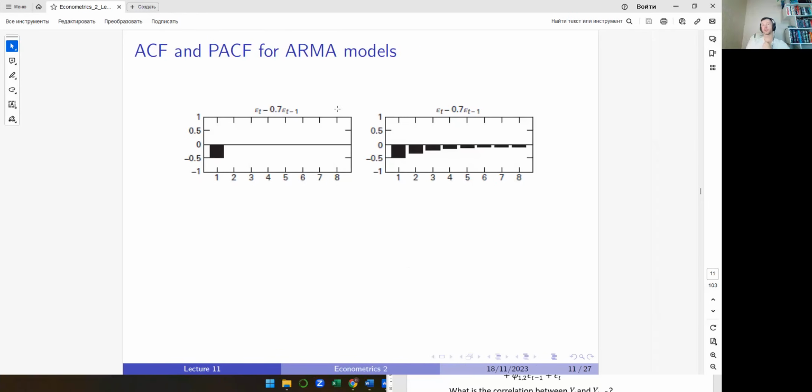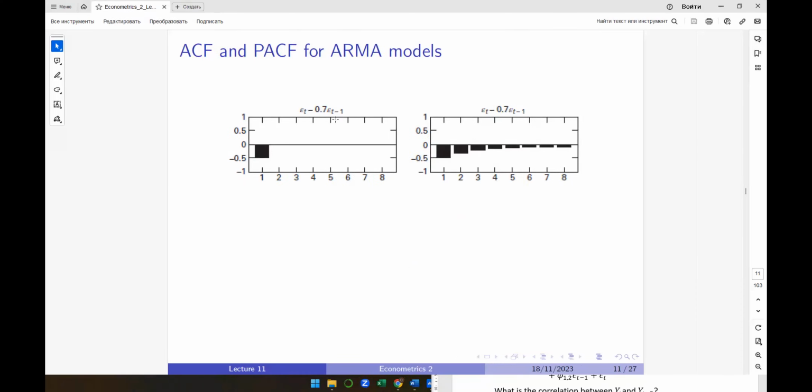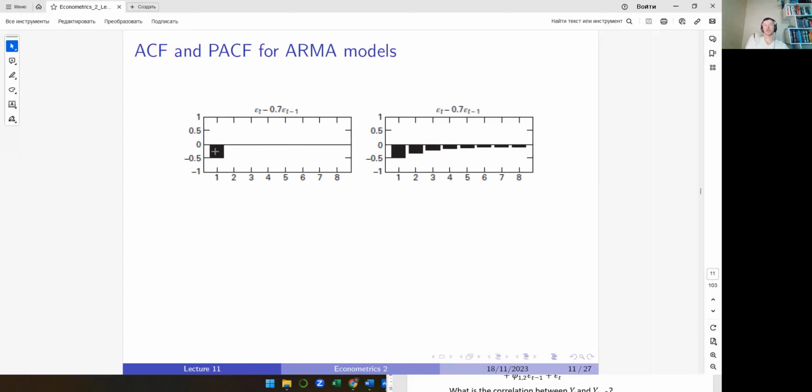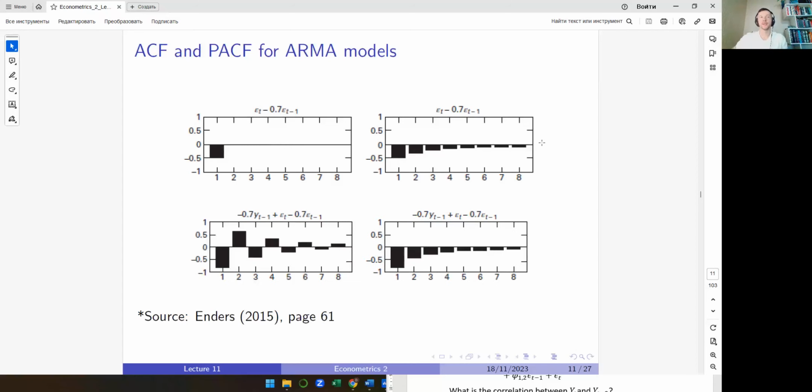Here are MA models. So this is an MA(1) model. And for the MA(1) model, we have one lag for the autocorrelation function and everything else is zero. And you see that there is an infinite stream of partial autocorrelations. Completely opposite to AR models.